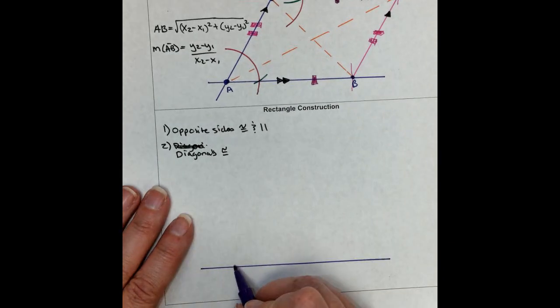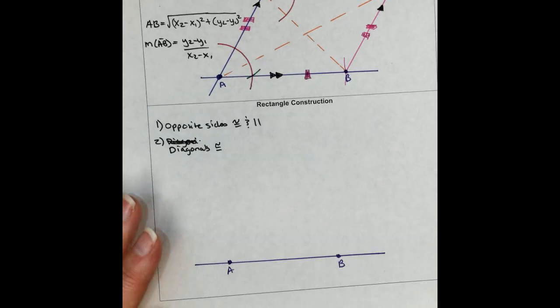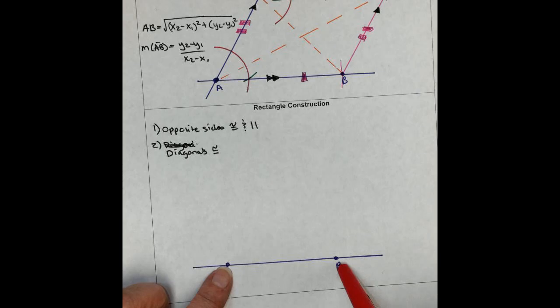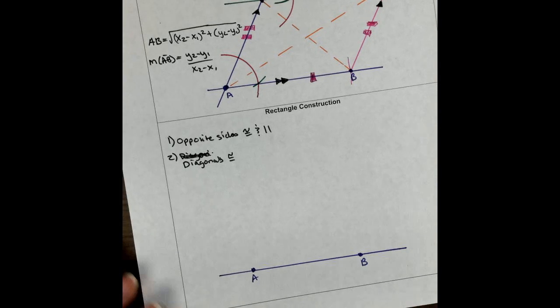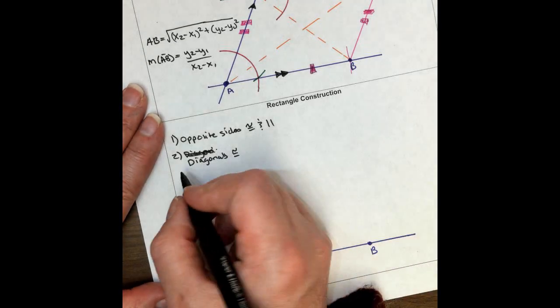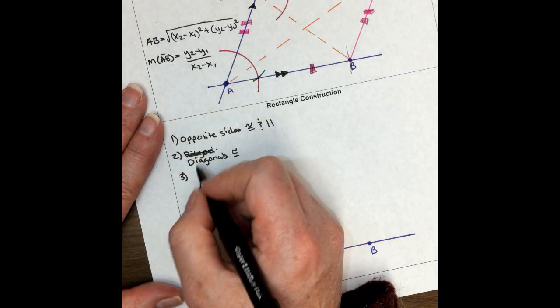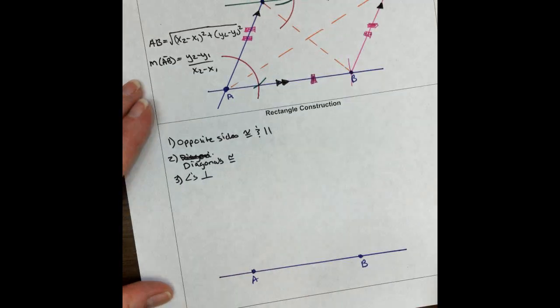I'm going to put 2 points on here. Now, remember, these lines are also perpendicular, right? The lines are perpendicular. So that would be another thing I'd be adding in here, is the angles are perpendicular.